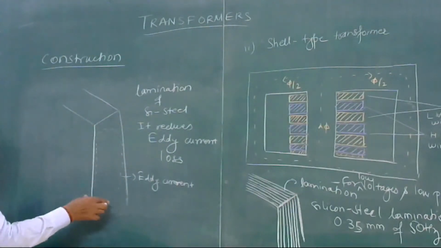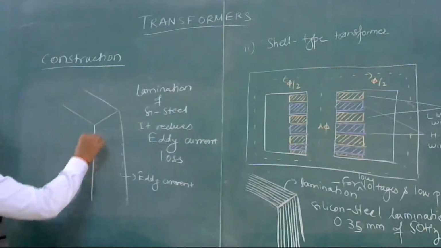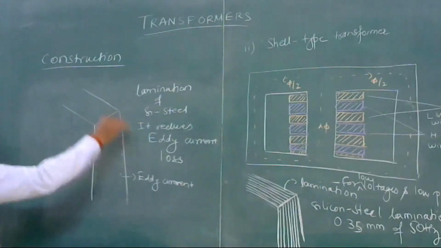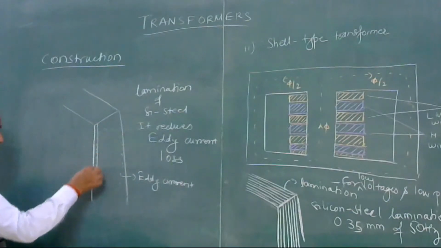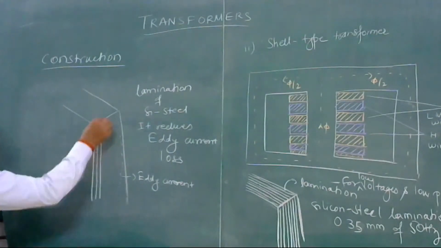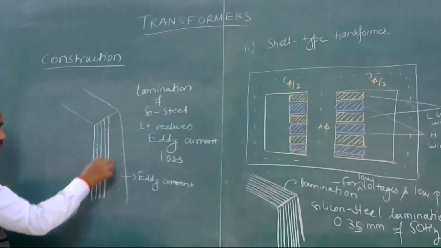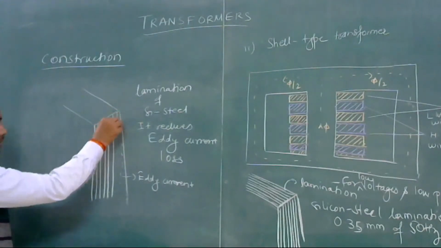If you use a single silicon steel block, the eddy current will flow like this and easily circulate in the core. If we laminate this core into thin sheets like this, we are using thin sheets of silicon steel.